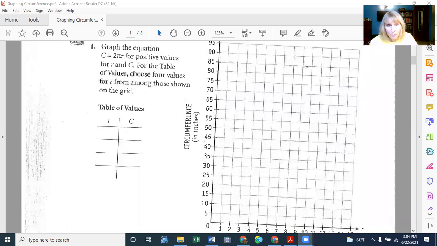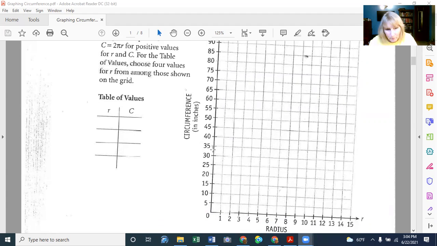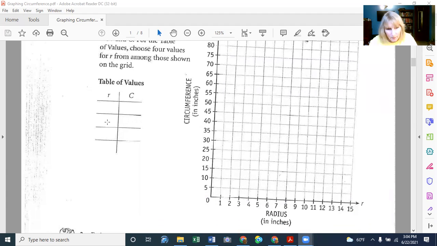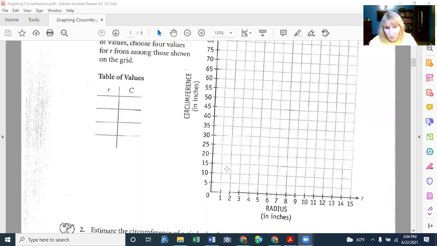And remember, circumference is the distance around the outside of the circle. So we want to pick numbers for r, for radius, in our table that will show up on our graph. We don't want to pick 240 because that's not on the bottom grid of our graph. So we want to pick something between 0 and 15.